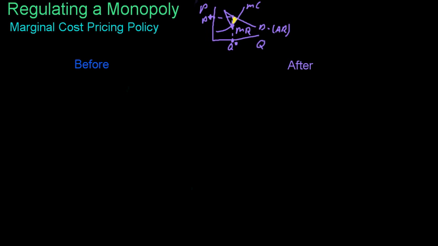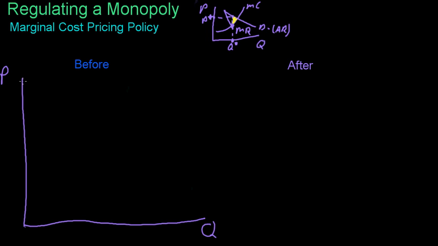So to start off with, we're going to draw that exact same diagram a lot bigger for the before. And I'm doing this just so that you guys have a really clear visual representation of what is going on here. So we have quantity, we have price, we have demand right here, and I'm drawing it wide to give myself some room.